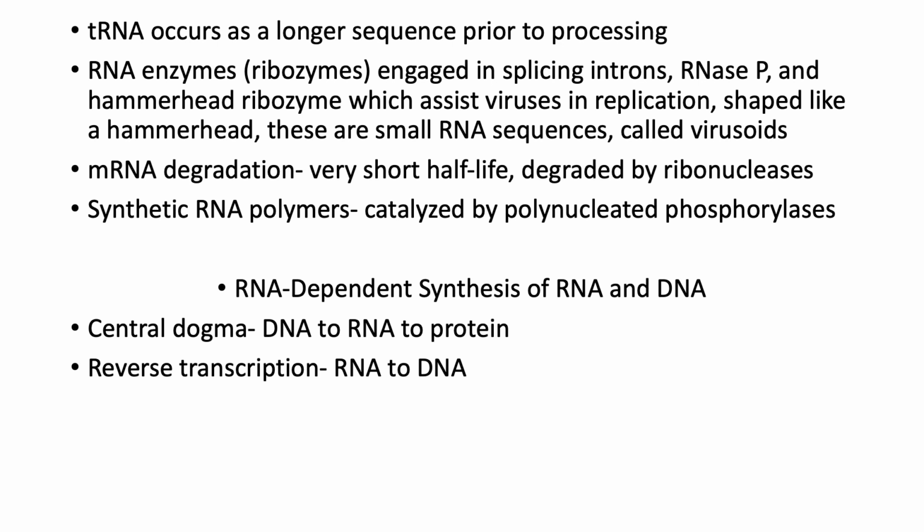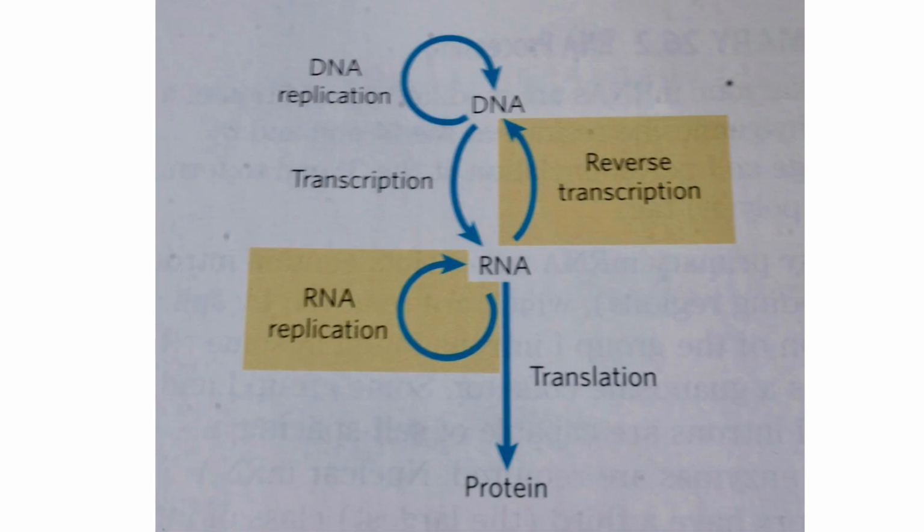And the central dogma that had ruled biochemistry for decades was that our DNA was transcribed to RNA, translated to protein, but the discovery of reverse transcription, where RNA can be reverse transcribed to DNA, turned that central dogma on its head.